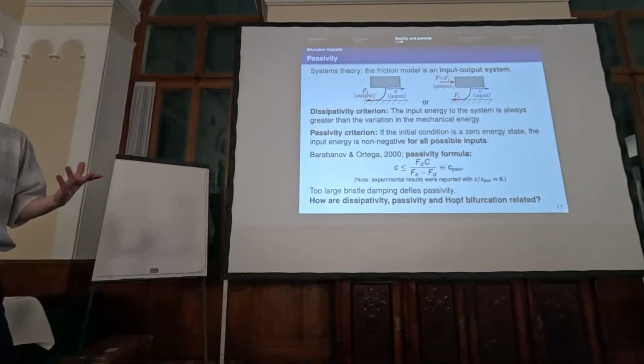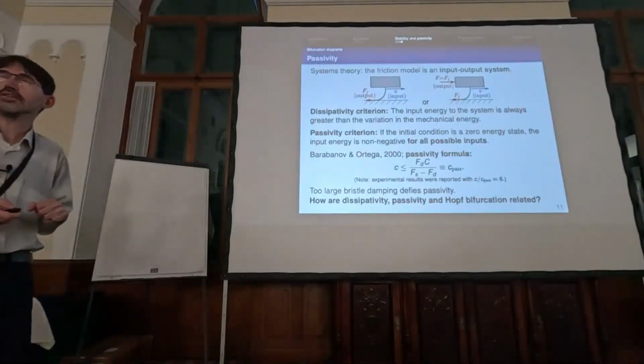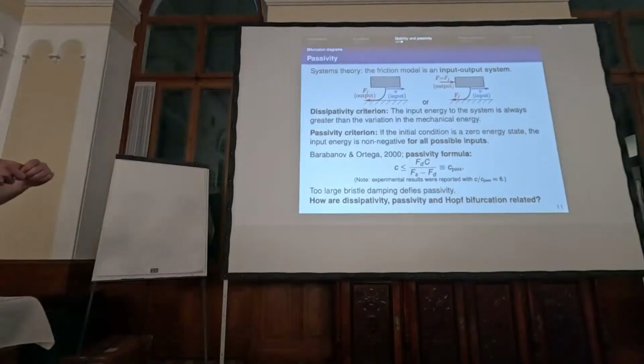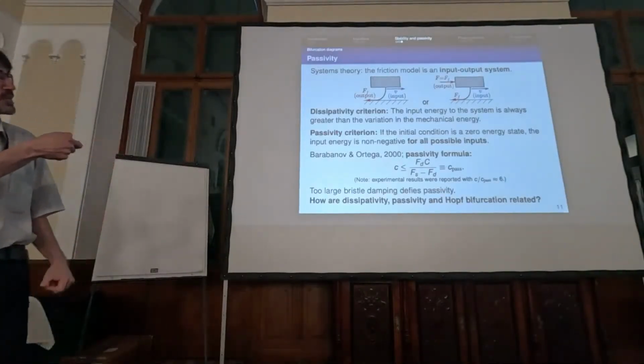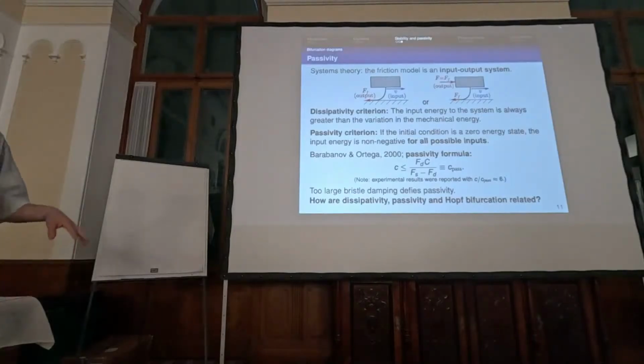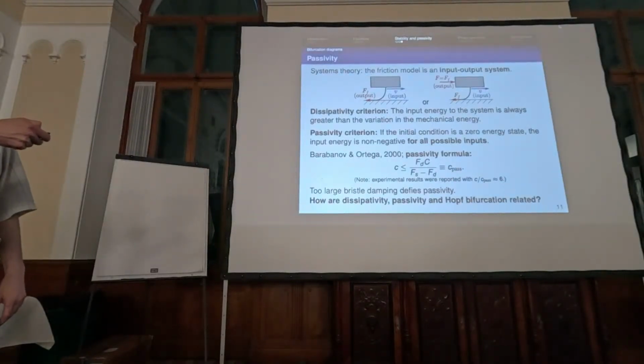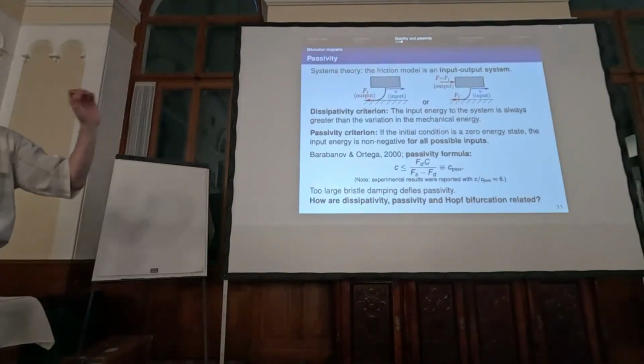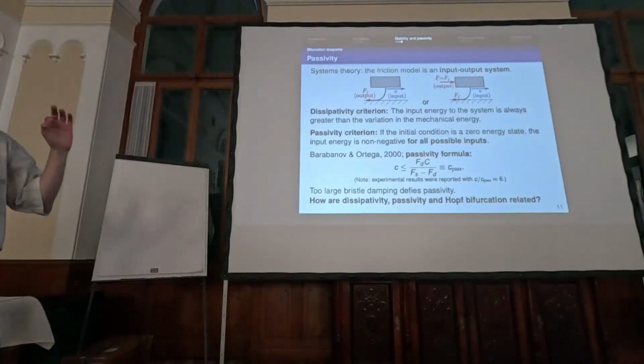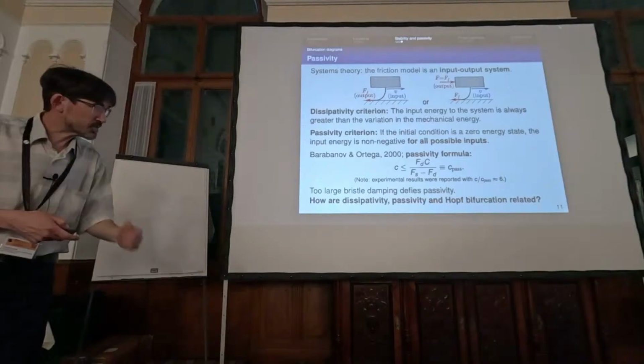So the input energy to the system must always be greater than the variation in the mechanical energy. But the passivity criterion given in the framework of systems theory is stricter, since it means that the dissipativity must be fulfilled for all possible inputs. It basically means that we can prescribe the velocity, and the system must still stay dissipative.